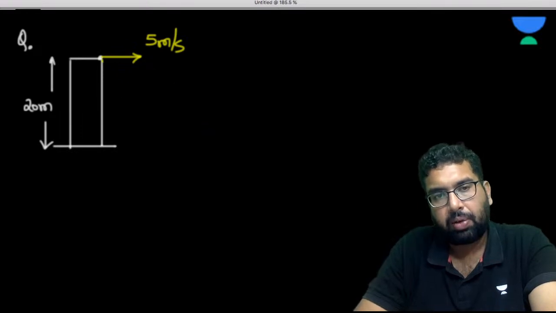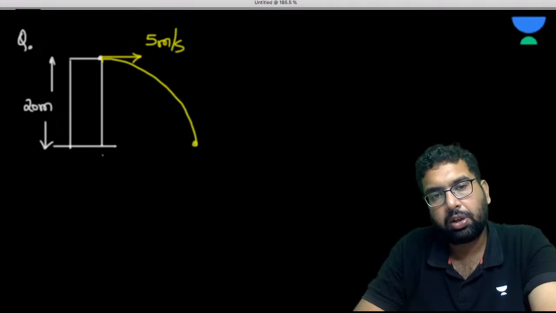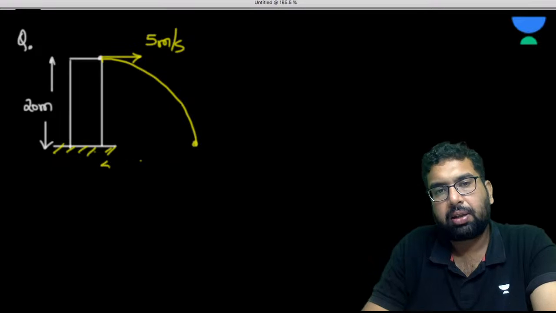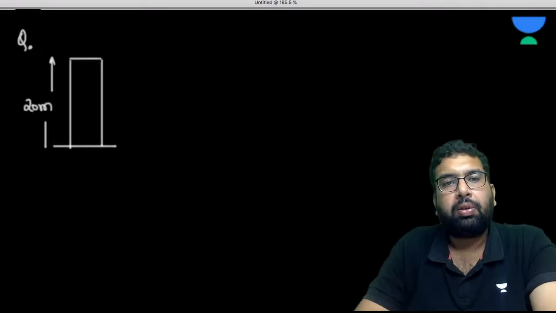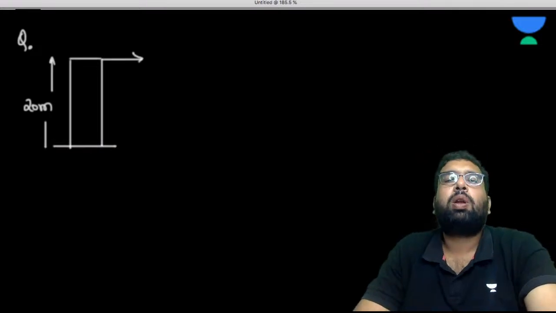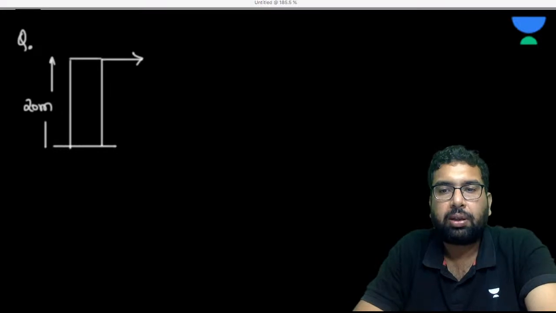It moves with a 5 meter per second velocity and it is going to reach the ground at some point. So what is to be found? Let's start finding out one by one. I'll make it like a question now. One way I could develop a formula, but I'm not going to do this time.